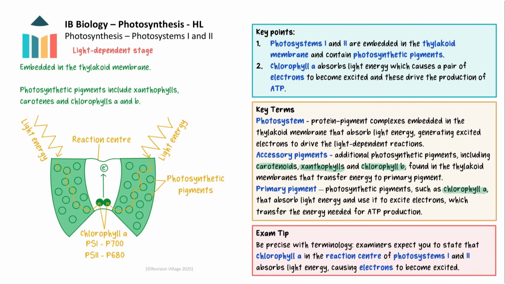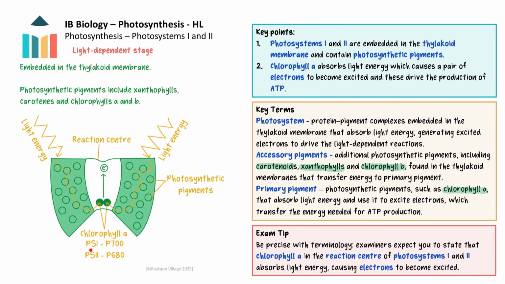The reaction centre here just contains chlorophyll A, and the absorption of light by the pigments generates excited electrons from chlorophyll A in both photosystems. Although they both contain photosynthetic pigments, the optimum absorption of light energy of their primary pigment is at different wavelengths.